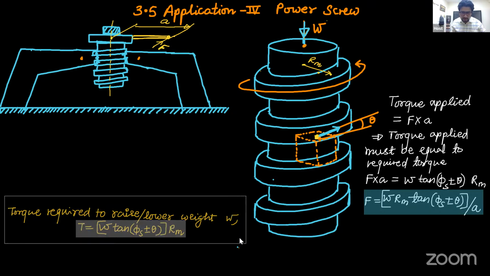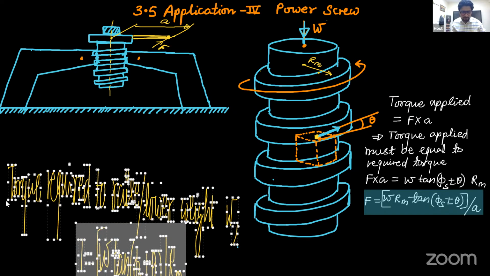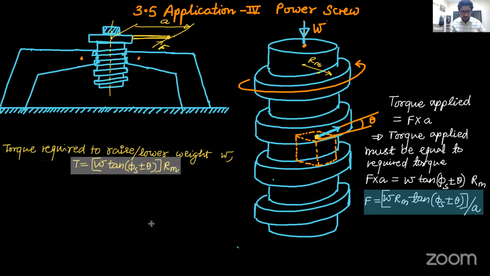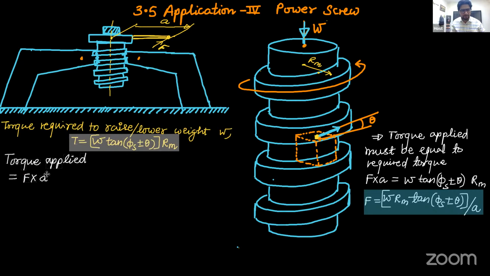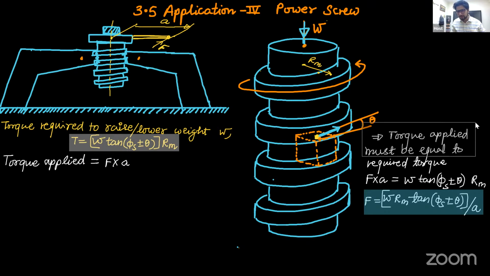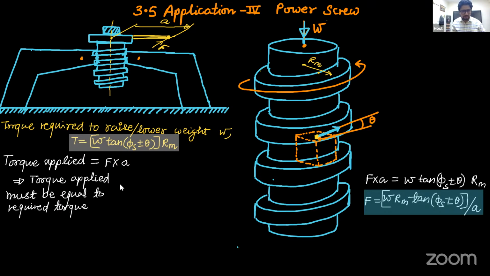Observation number 1: the torque required to raise or lower the weight W at mean radius is this much, but we applied the torque F into A. The torque applied must be equal to the required torque.